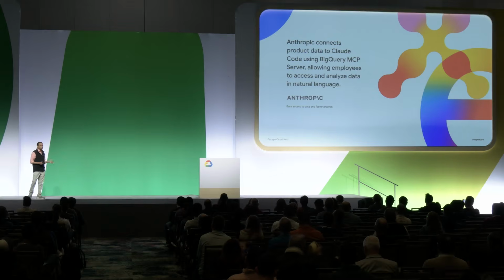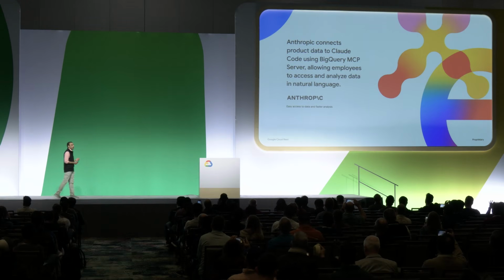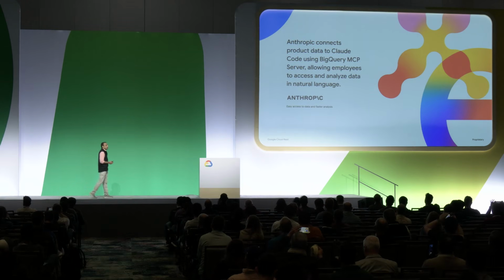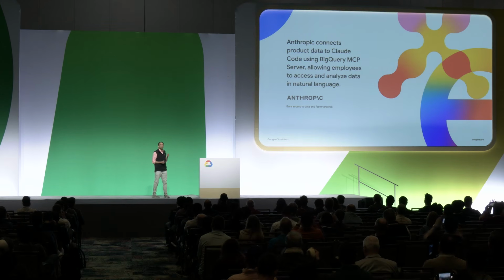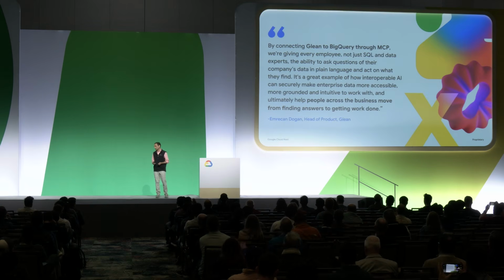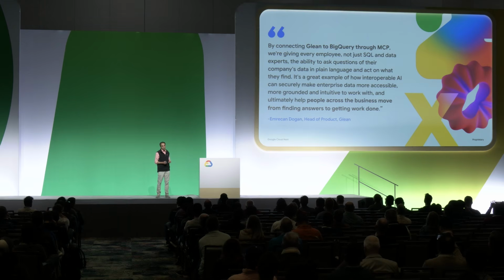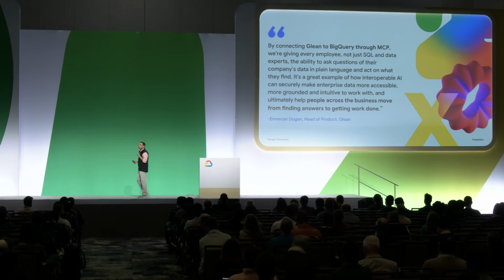Even Anthropic is utilizing our MCP server internally for their internal users to give access to BigQuery data and analyze their own metrics. We also have partners like Glean, who are giving access to their BigQuery customers through our MCP server. They believe this way their customers are able to make decisions faster, move faster, because they have access to the right data in natural language.